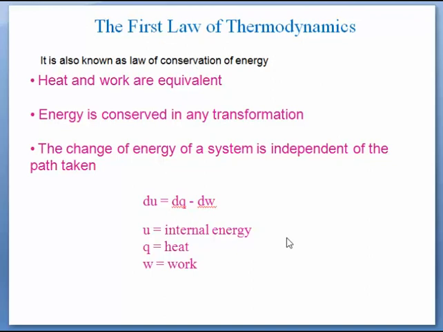But actually heat and work are not exactly equivalent. When heat is converted into work, before the start of the conversion, some amount of energy is stored in the system in the form of internal energy.